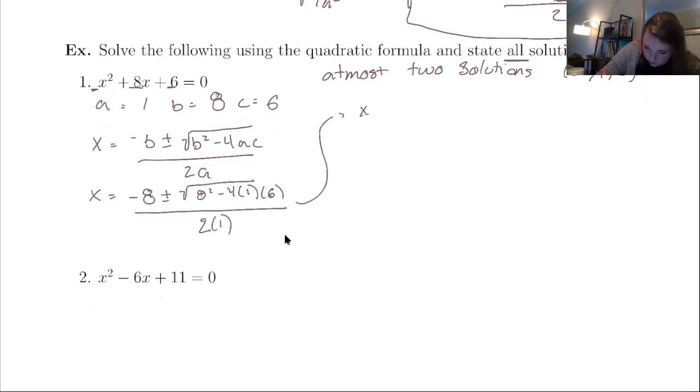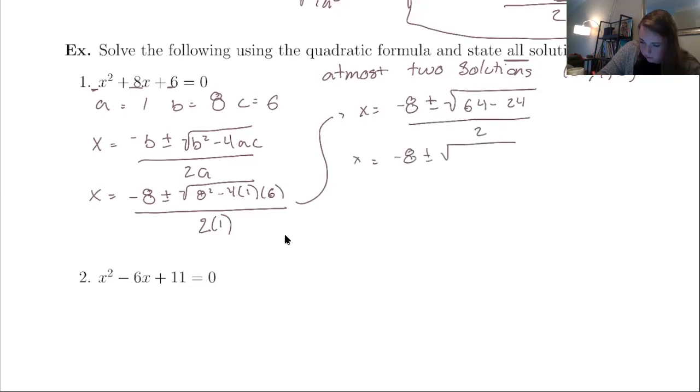So then I'm just going to simplify this down until I get 2 numbers. So I get negative 8 plus or minus square root, 8 squared is 64 minus 4 times 6 is 24, over 2. So I get negative 8 plus or minus the square root of 40 over 2.